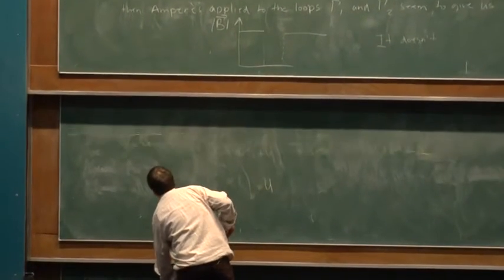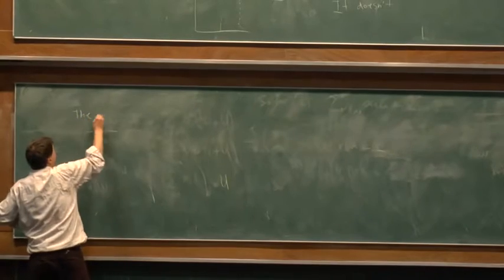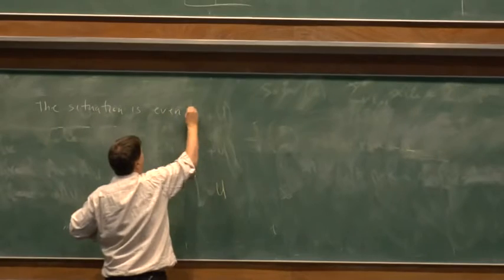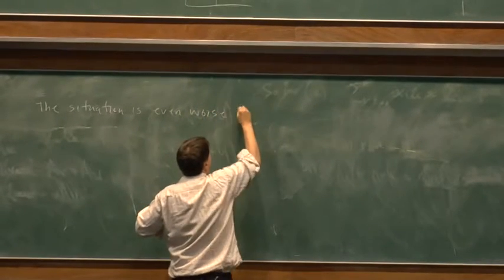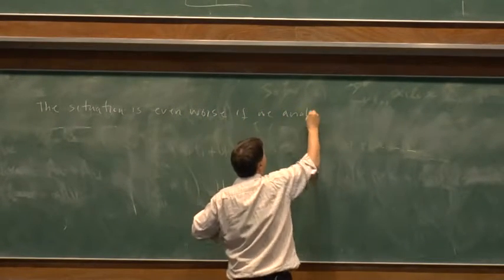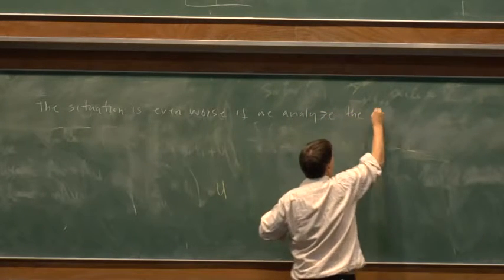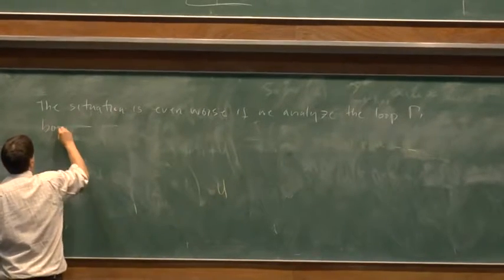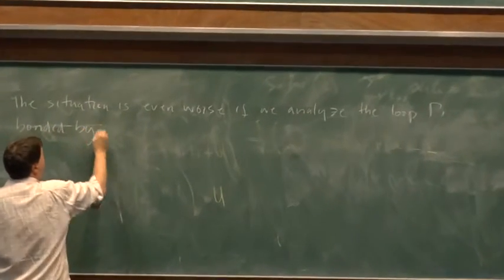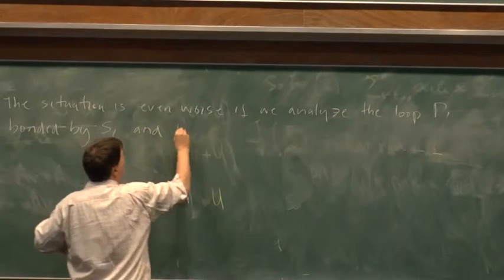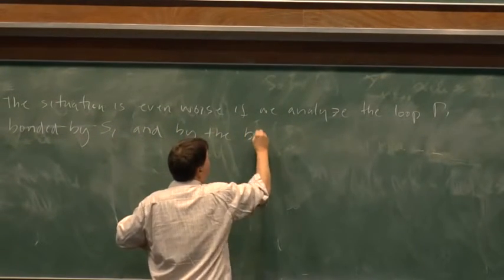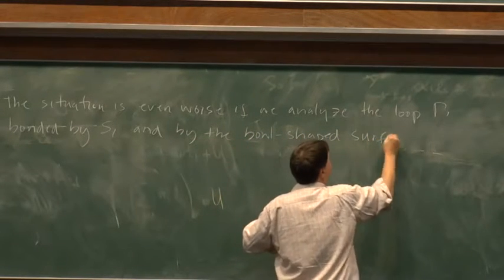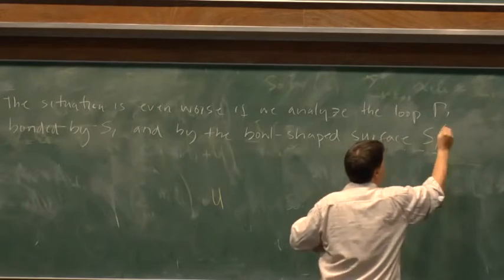So the situation is even worse if we analyse the loop gamma 1 bounded by S1 and by the bowl-shaped surface S1 prime.